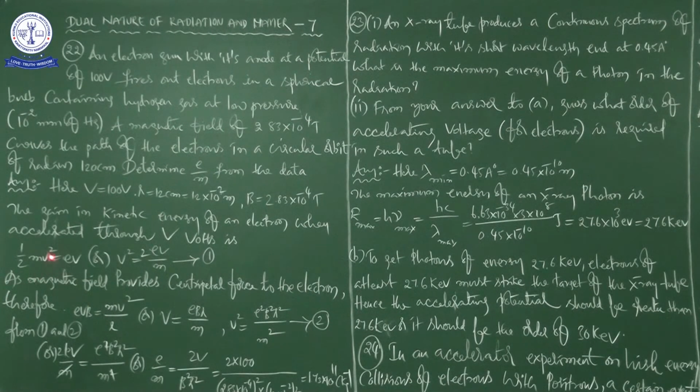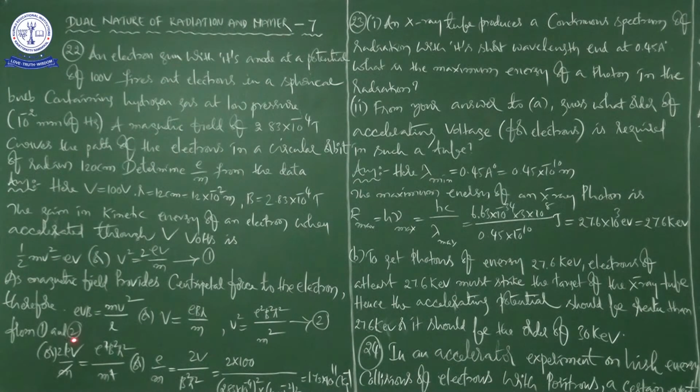So we are writing half mv square is equal to eV, or just writing v square as subject, v square is equal to 2 eV by m. V is the potential difference, and this small v is the speed. It is like a small v and a capital V. So v square is equal to 2eV by m. It is like equation number 1.